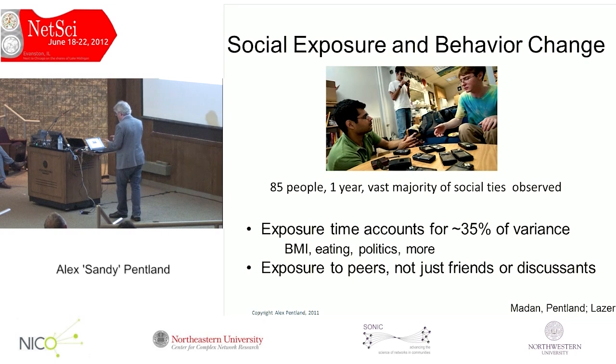Again, proximity, call, etc. And what we found for many of the different properties that you'd be interested in, change in body mass index, change in eating behavior, politics, is that you could most accurately predict those things by looking at their exposure to other people. So if you looked at what the people you spent time with were doing, were they all gaining weight? Were they all becoming Republican, whatever? That was the best predictor.